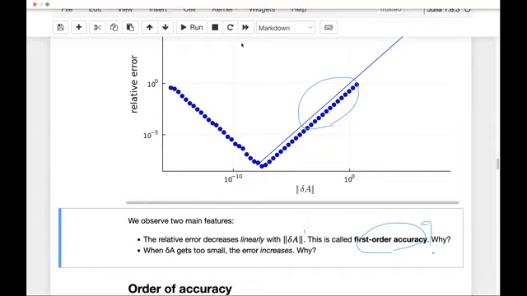And then I want to talk about the second portion of the plot, this left portion, where when dA gets really small, the error not only stops decreasing, it actually gets worse. And as someone said, it has to do with round-off errors, because of the finite precision of computer arithmetic. But I want to drill down into that a little bit more as well.